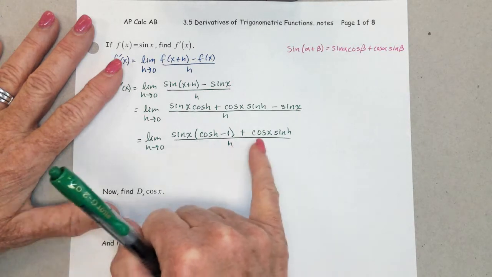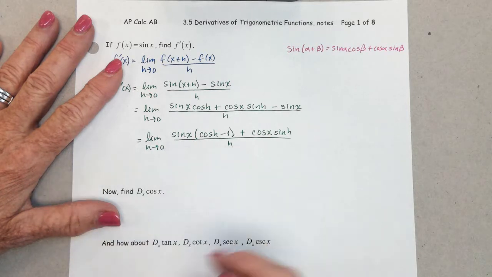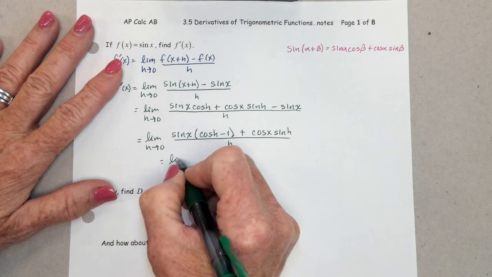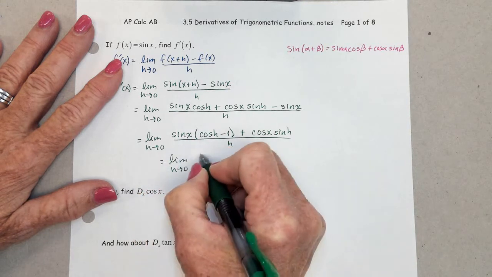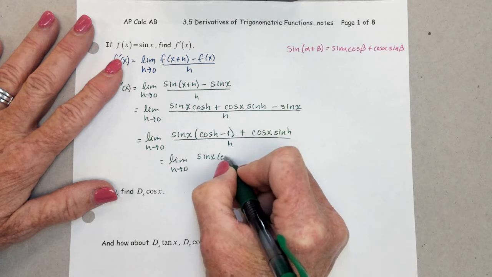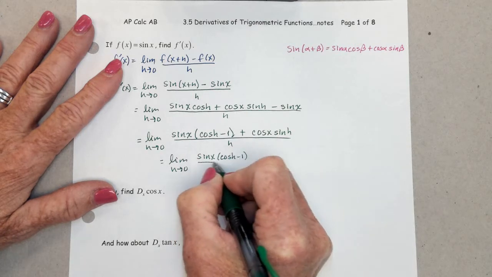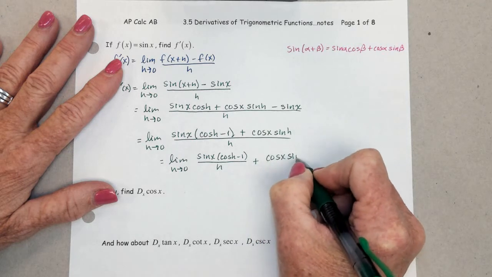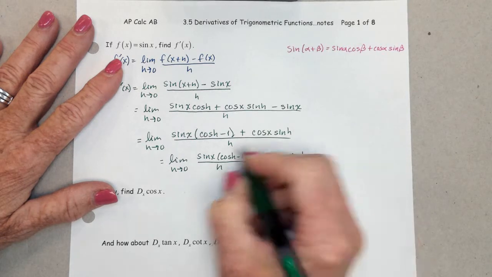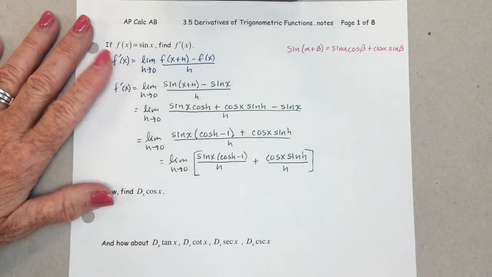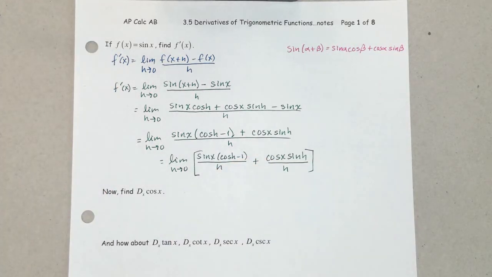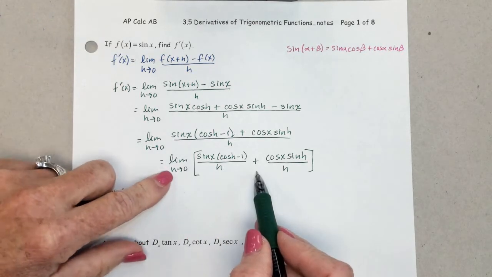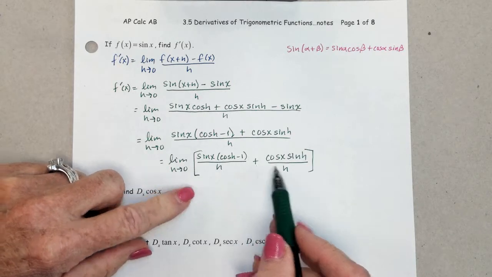All right, now I'm going to separate this one fraction into the two separate fractions that would have added together to make that. So we'll have sine x times cosine h minus 1 all over an h plus cosine x sine h all over an h. Now, to evaluate this limit, we need to remember some of our limit rules, which allow us to separate and evaluate limits over addition and multiplication.